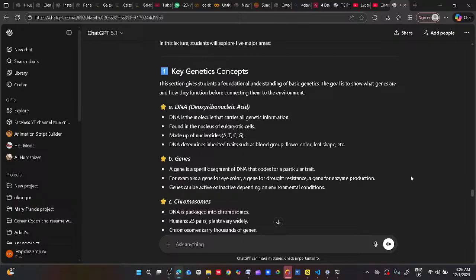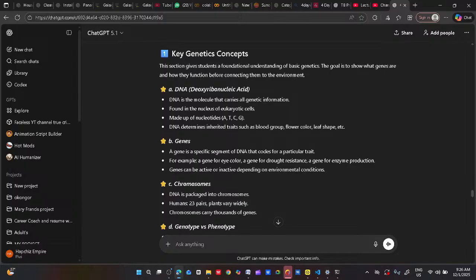DNA is the molecule that carries all genetic information. If anybody has access to your DNA, that means that person has the totality of information about you.